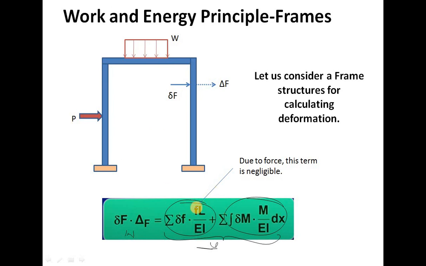But this term will be very small as compared to the moment term, so usually we neglect this term and we try to use only this term. So the final equation will be this equal to this one, and we can apply that equation to find the deflection or deformation at any point on the frame.